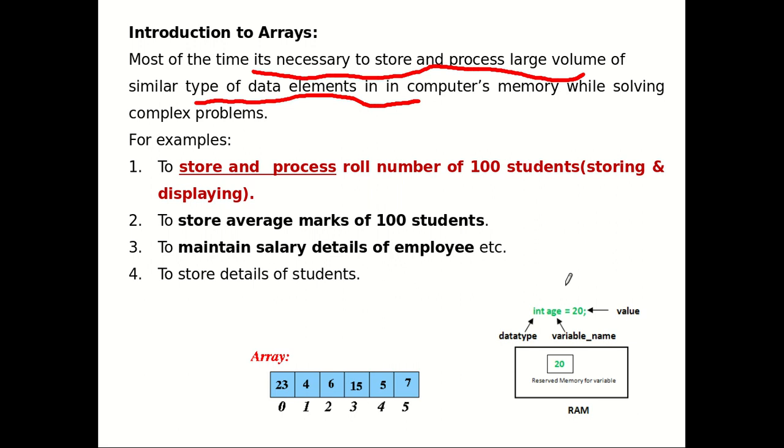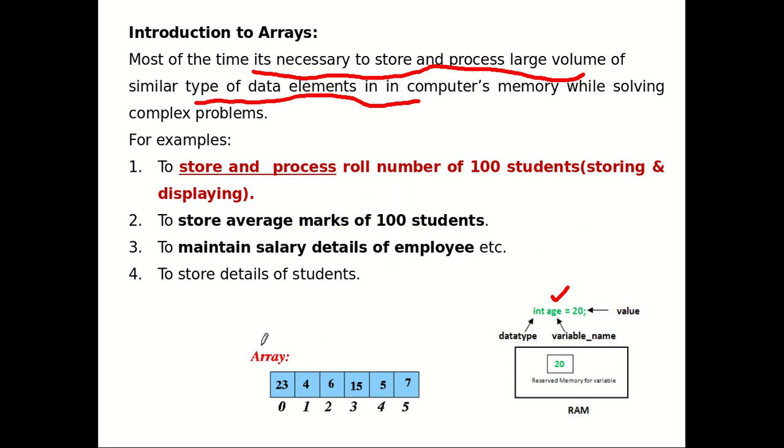So no guarantee of consecutive allocation. Here age is a variable and it is initialized with 20. So a memory will be allocated and this memory location is stored with the value 20.